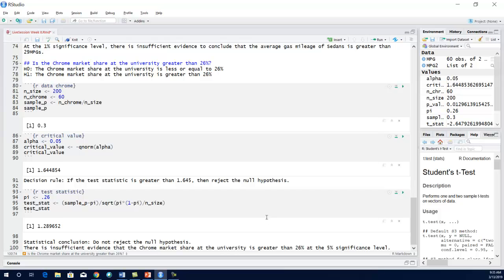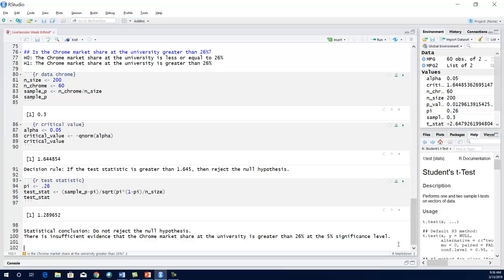What I'm saying is that, at the 5% significance level, I do not have enough evidence to conclude that the difference that I see, the 30%, which is greater than the 26%, is enough for me to conclude that at the population level, the market share is greater than 26%.